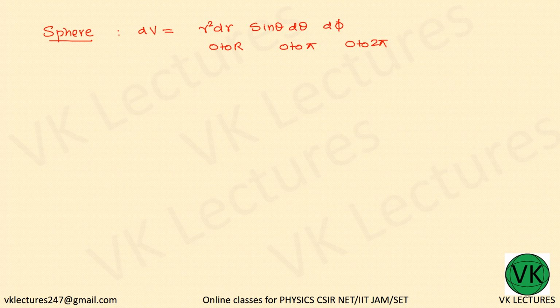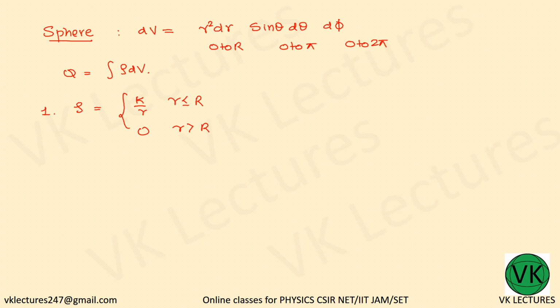Now the total charge Q is equal to the integral of rho dV. As a question, we can do this problem: rho is equal to k by small r for r less than or equal to capital R, and outside R there is no charge.